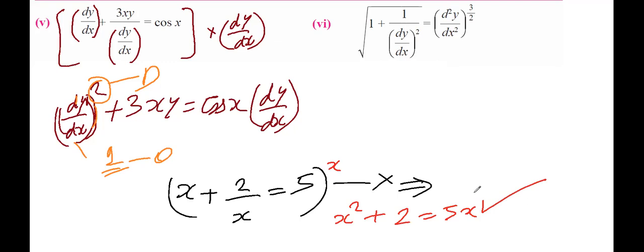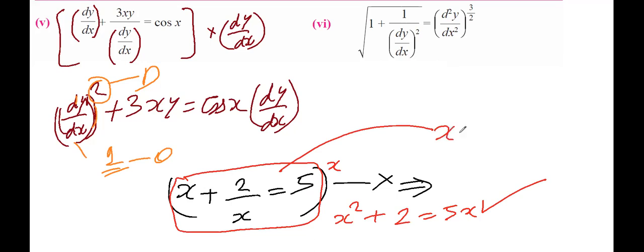Now this is the polynomial. This was not the polynomial because the degree of x is -1 over here. I can even write this as x plus 2, x to the power of -1, is equal to 5. This -1 should not come.